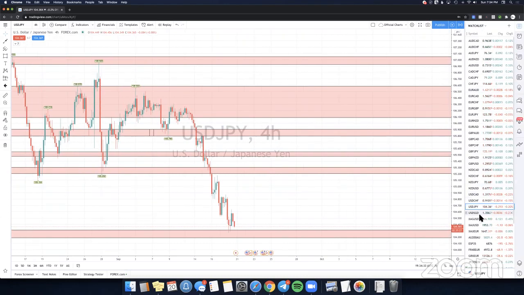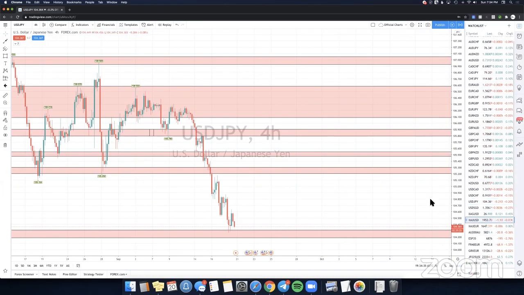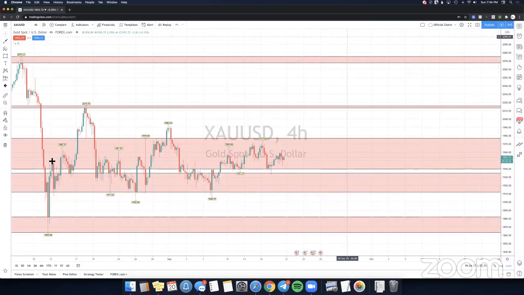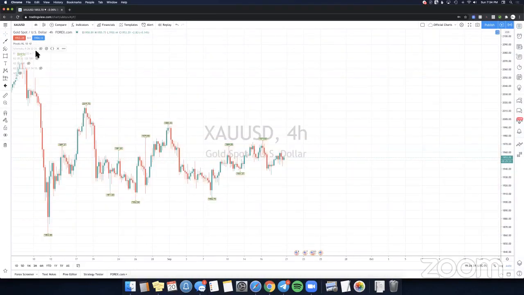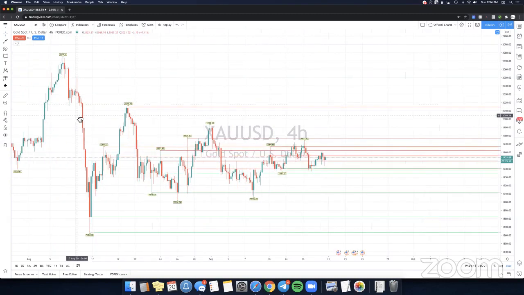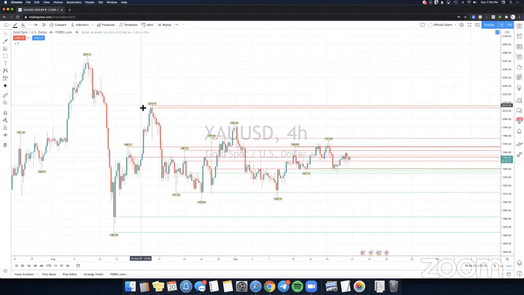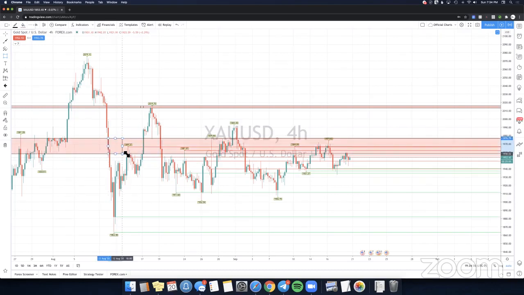All right, cool. So let's go to gold now. That's what a lot of people have been waiting for. So let's look at gold, turn on the SR, and then let's draw these zones. Oh man, gold's kind of messy. It's kind of hard to really see where the rejection points are.